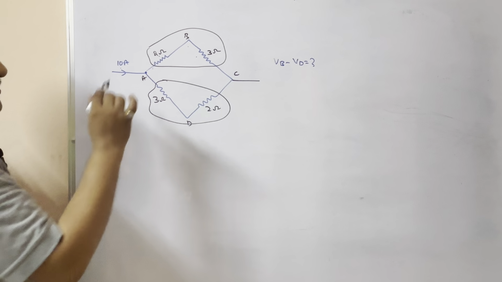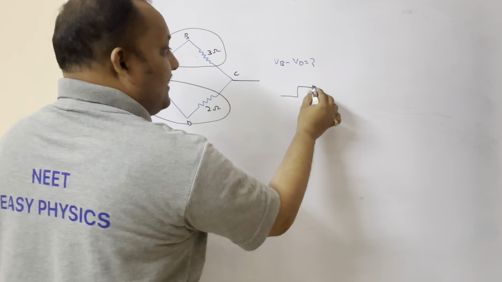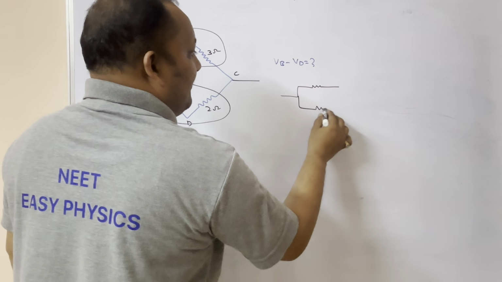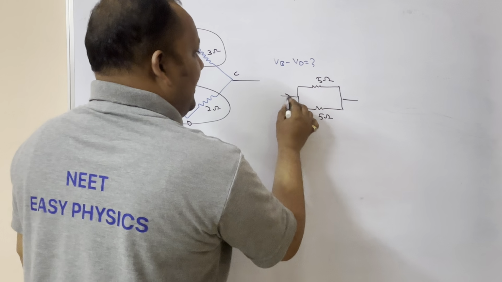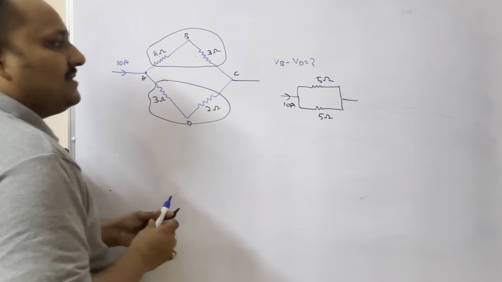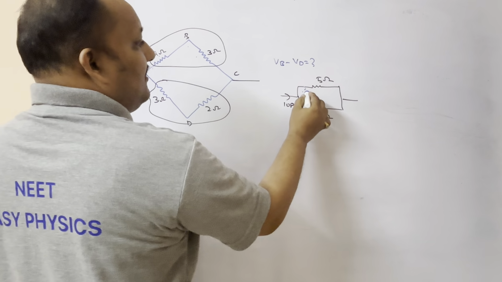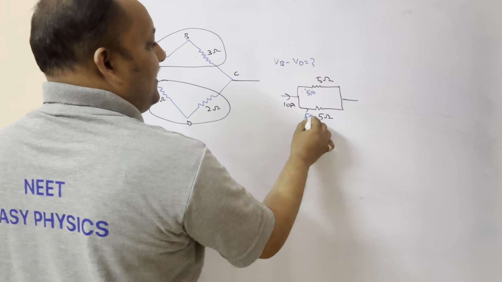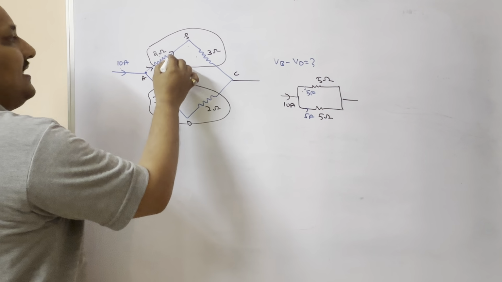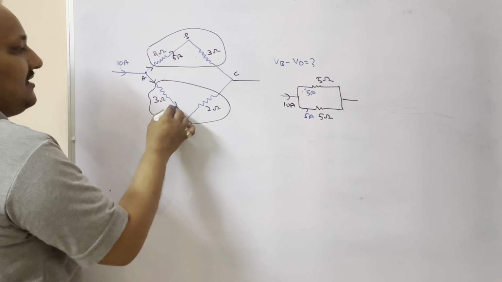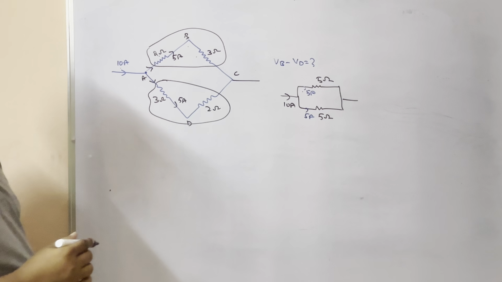Now 5 ohms, 5 ohms. Therefore, current will divide equally because the resistors are equal, 10 amperes current. Then how much current is entering through this? 5 amperes, 5 amperes. Therefore, in this 5 amperes current is entering. In this also 5 amperes current is entering.